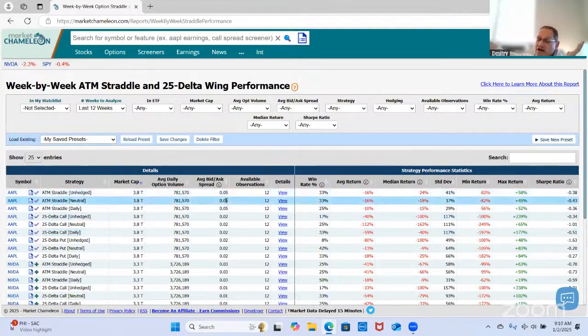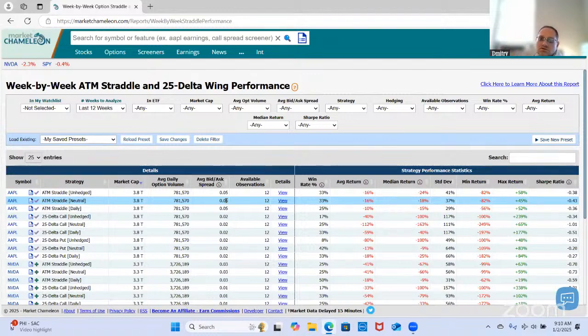If you have a very wide spread, then the cost of execution is higher, right? Because if it's $1 wide and you needed to get an immediate fill, you'd have to pay more than if it was 5 cents wide, the difference between the bid and ask. Again, this is something you could sort by or filter.